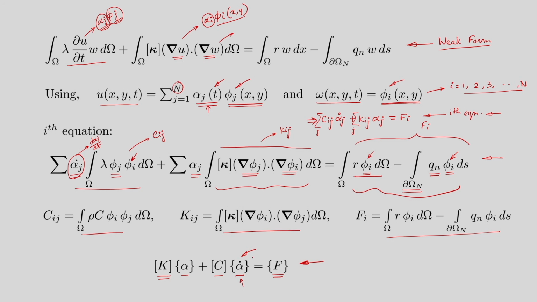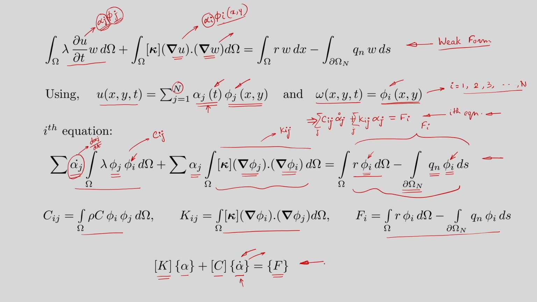Now we have to discretize the alpha dot, like we have to write alpha dot in terms of alphas at different time instances, and obtain the final discrete form, which is valid at certain discrete points in the domain and for certain discrete time intervals in the time domain, alright.